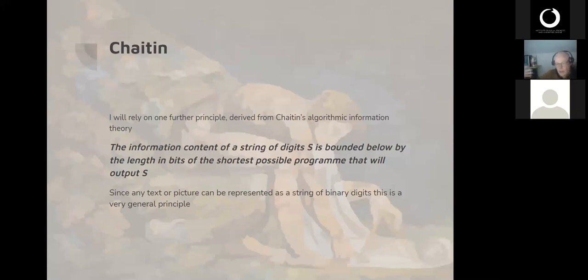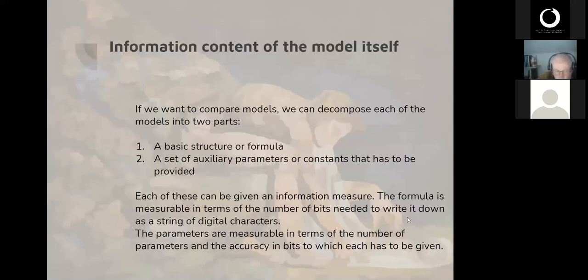And we know that any computer program can be represented as a string of digits. And in general, he says that the information content of a string of digits is bounded below by the length of the shortest possible program. Any text or picture can be represented by binary digits. This is a very general principle.